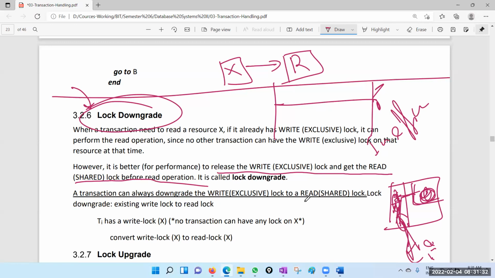If they are waiting to do some read operations, now they can get the read lock. It's a democracy. It is not taking all the resources. You just take the minimum resource, minimum privilege. So that is called lock downgrade, which helps better performance of the database.